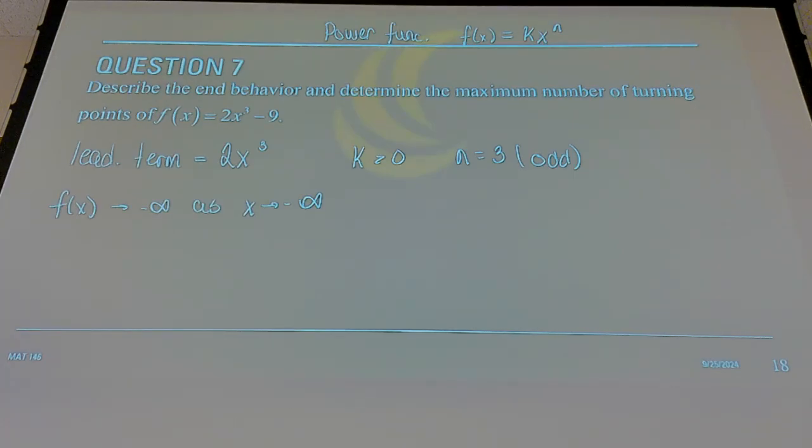What does it do on the right? Yeah, f increases without bound on the right. So that's the end behavior for 2x cubed minus 9.